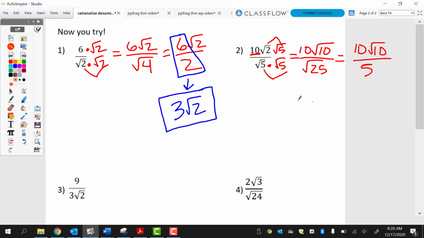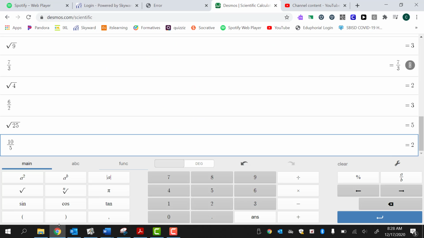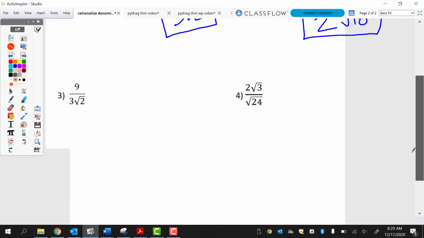Okay, last step, I'm checking, can I simplify 10 divided by 5? Well, I put 10 divided by 5. It says it's 2. So the final answer turns into 2 square root of 10. Okay. Here we go.